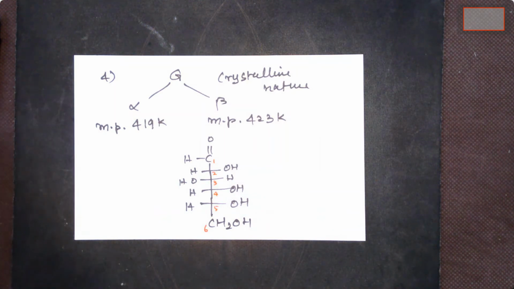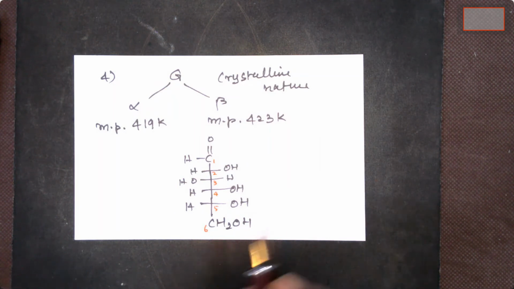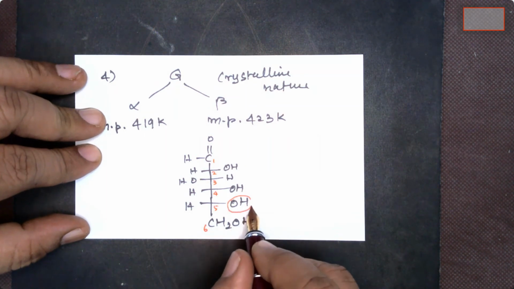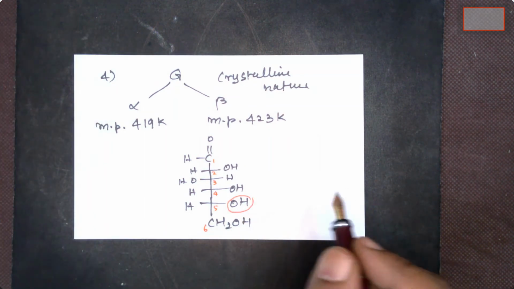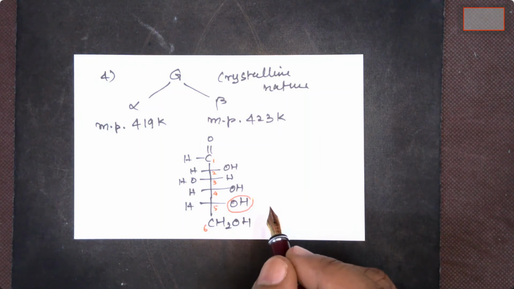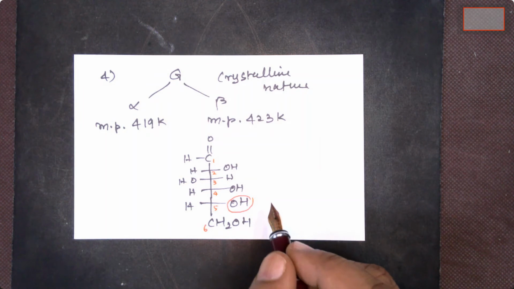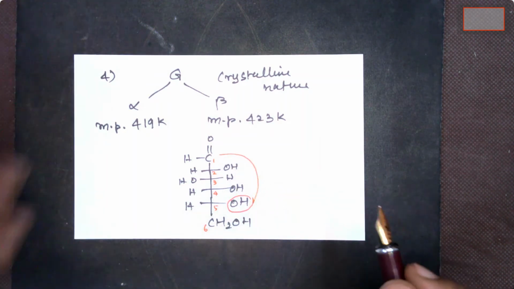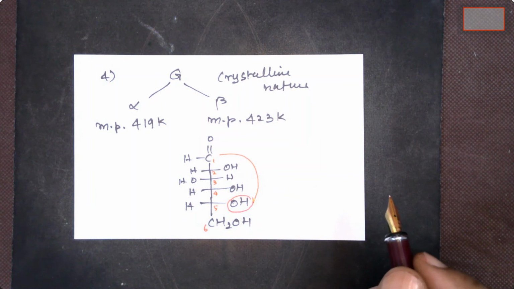Now what happens here is this fifth hydroxyl group, that is the hydroxyl group attached to the fifth carbon atom, would have interacted with the first carbon atom, like this. Are you able to follow?